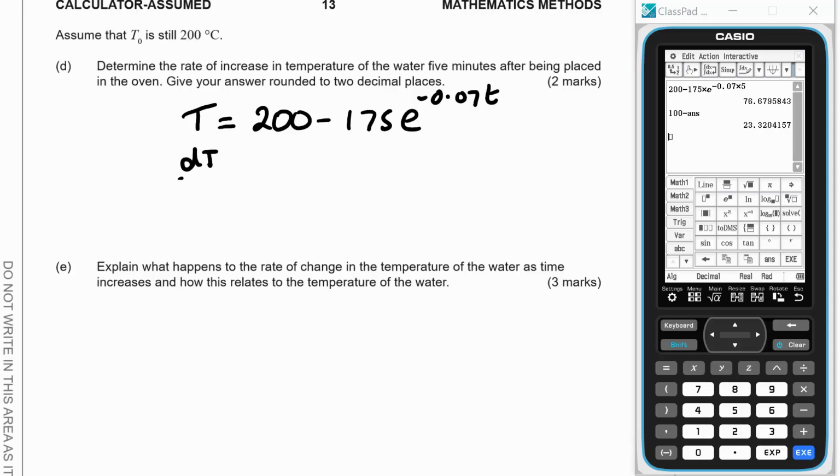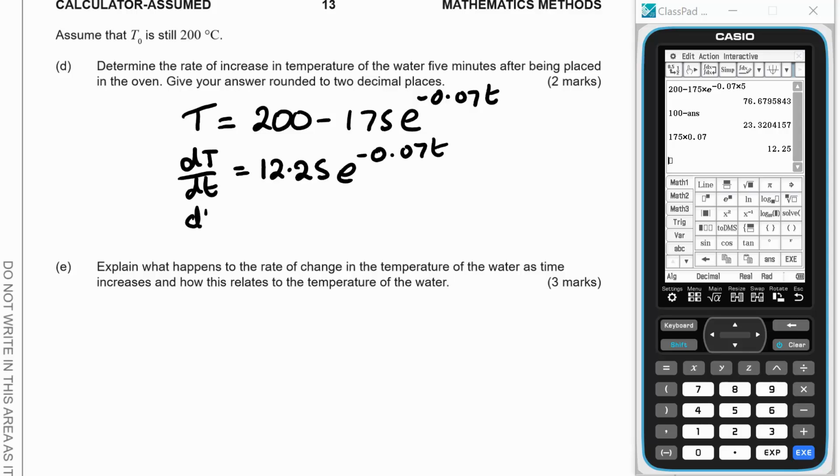So dT/dt would be, so we're going to have that 175 multiplied by 0.07. The 200 obviously disappears. So that is going to be 12.25 e to the negative 0.07 t.